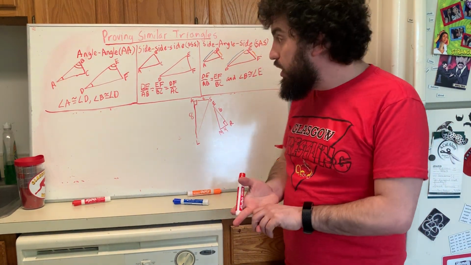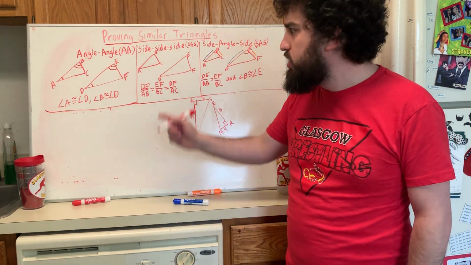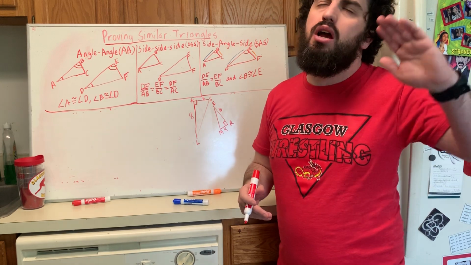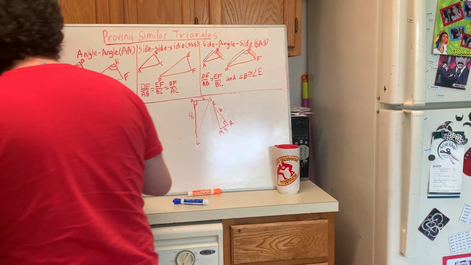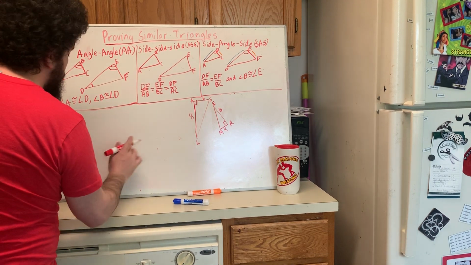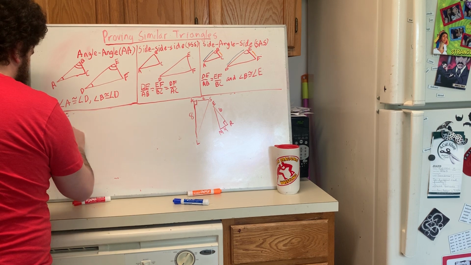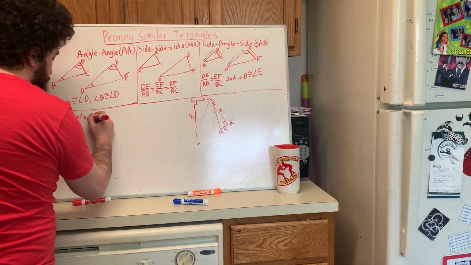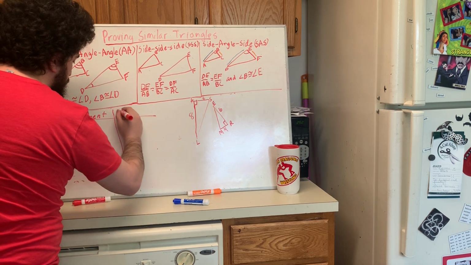Okay. It looks like because I have an angle in between two sides, I'm going to start trying to prove side, angle, side. So let's just start with our given information. Statement and reason.